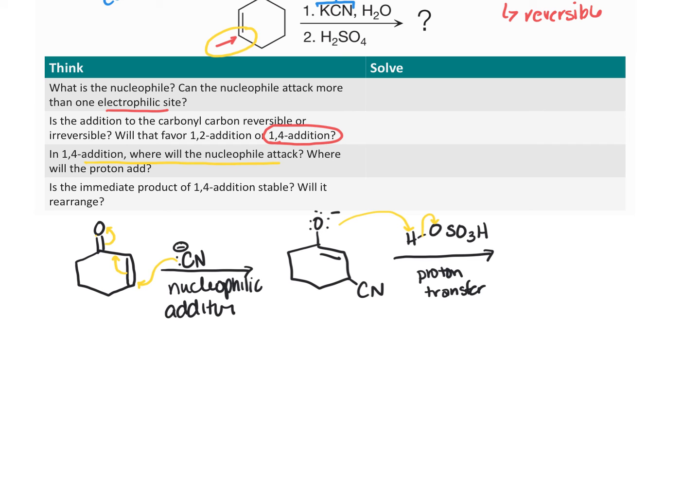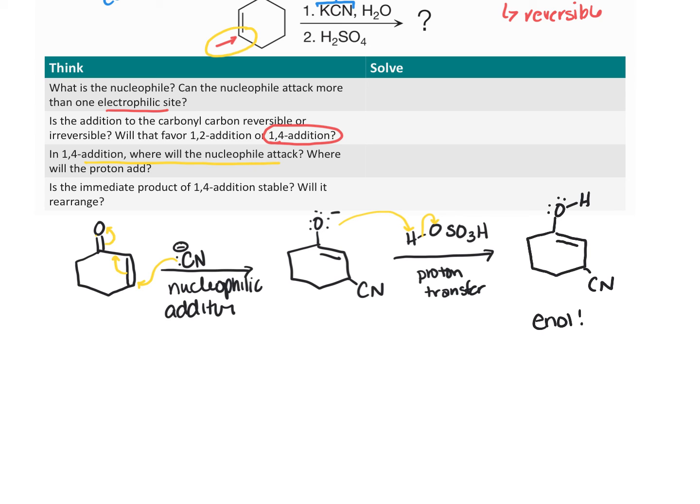And now we know that we've done the addition. We know this is an enol. Now we have to show the enol to keto transformation.